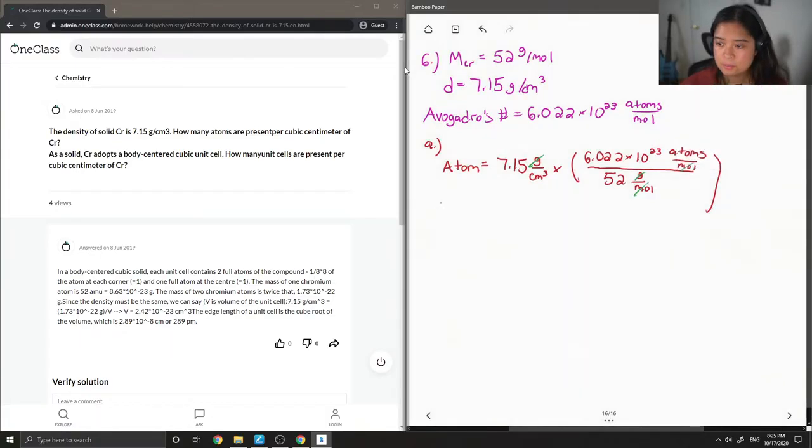And then for the number of atoms, all you have to do is plug that all into your calculator, and you should end up with 8.28 times 10 to the 22, and then the units are now in atoms per centimeter cubed.